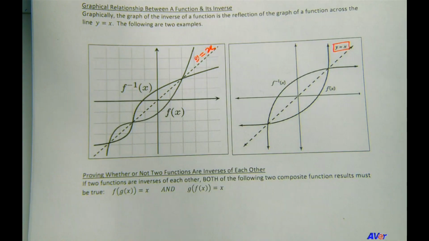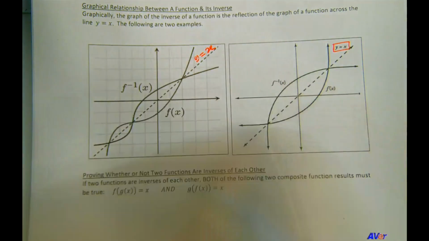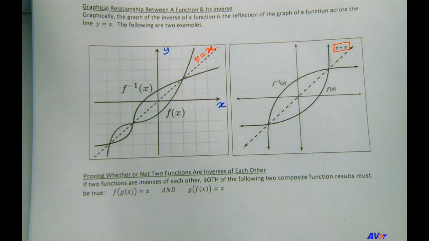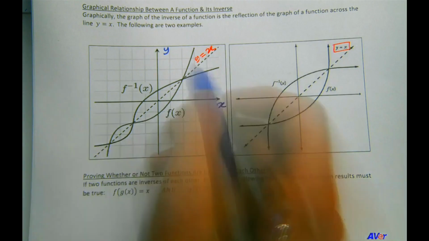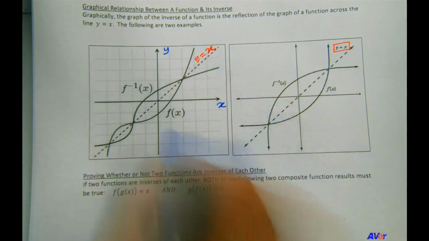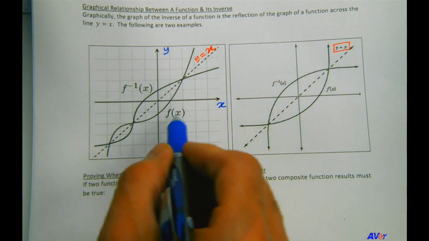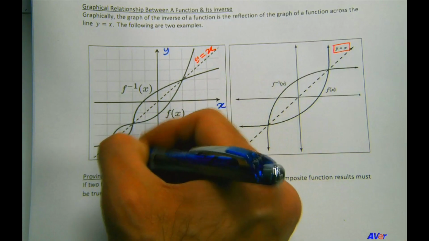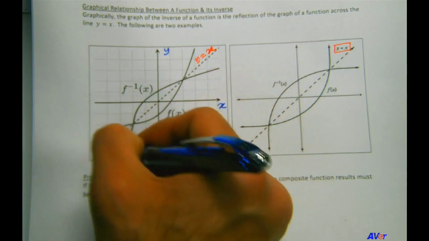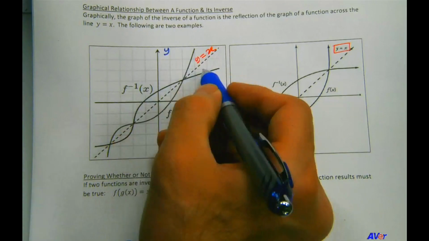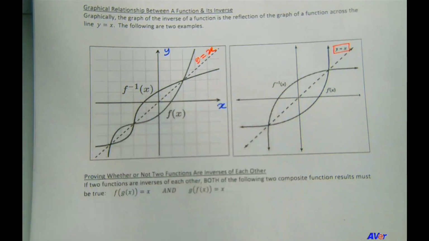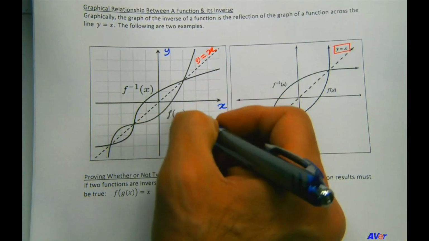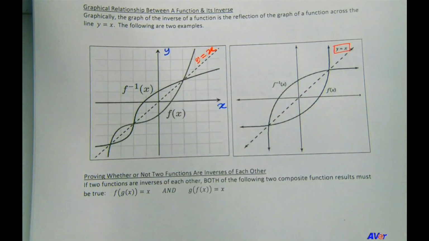Because that line dissects the xy plane into two equal halves. Now, whenever you have a function, let's say this f of x, with this graph that you see here, then the inverse function has this graph, which is the image of the graph of the original function across the y equals x line.